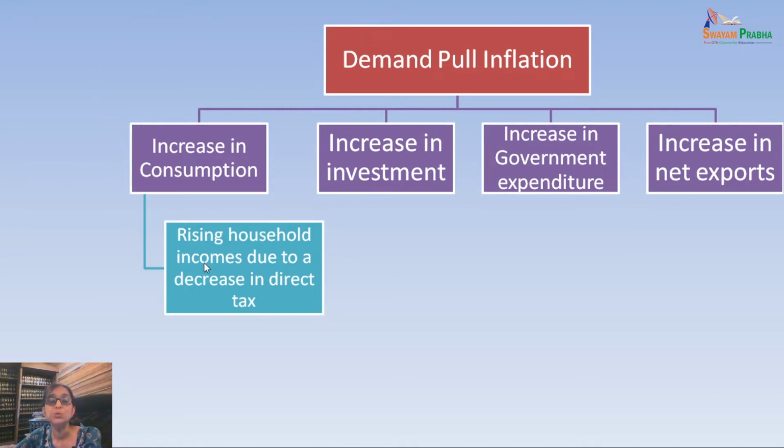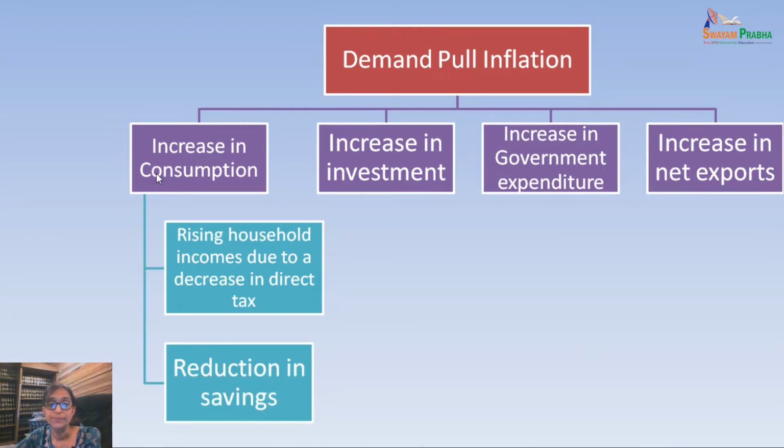So a rising household income, which may be due to a decrease in direct tax, leading to an increase in disposable income, will pull up consumption. Another reason for an increase in consumption is that people decide to reduce their savings. There may be various reasons as to why they want to reduce their savings, but if they reduce their savings, this means that they have greater money in hand to be spent in the market. Hence, consumption increases.